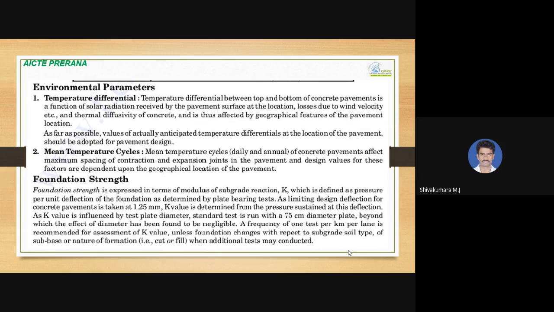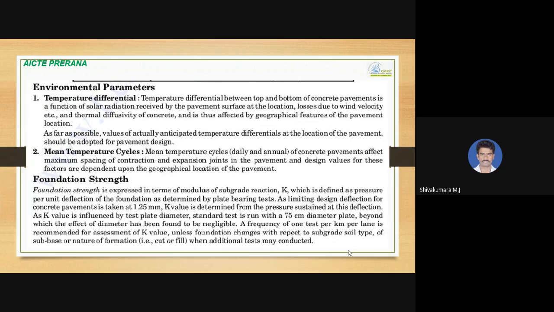As the limiting design deflection for a concrete pavement is taken as 1.25 mm, the K value is determined from the pressure sustained at this deflection. As the K value is influenced by the test plate diameter, the standard test is run with a 75 centimeter diameter plate, beyond which the effect of diameter has been found to be negligible.